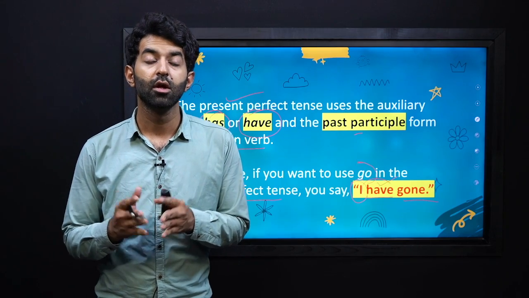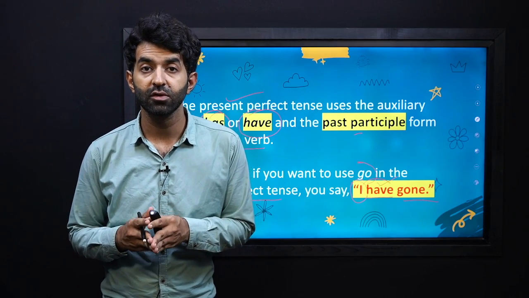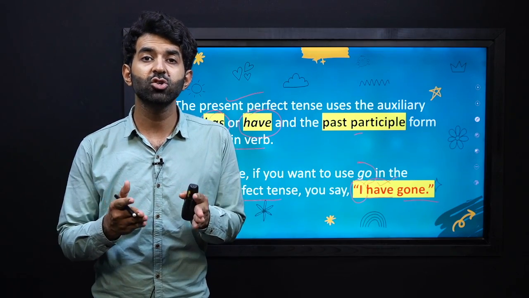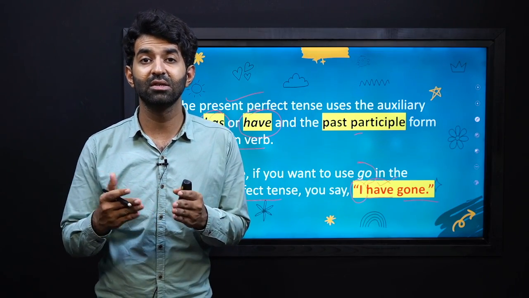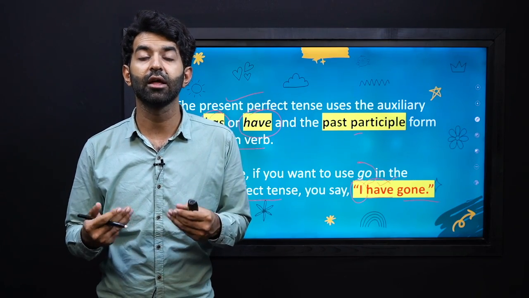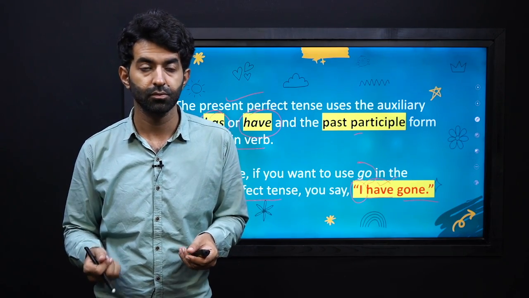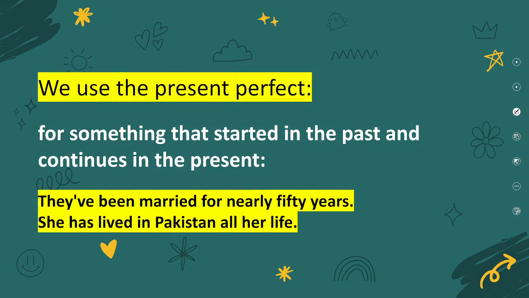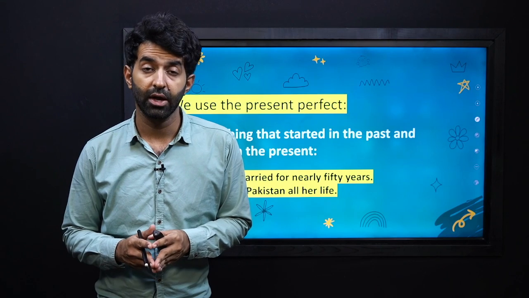Now, students, we know that we use present perfect tense when we are talking about an action that happened in the past, but it is still being affected and it is still in the process. All right. Now, let's see why do we use the perfect tense.